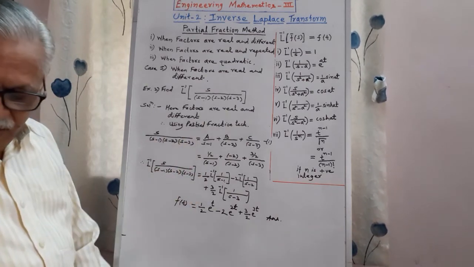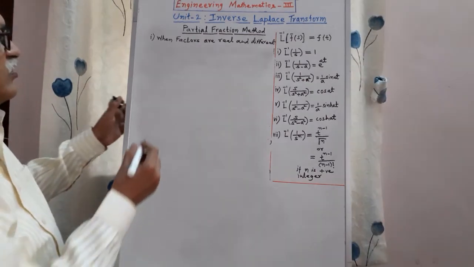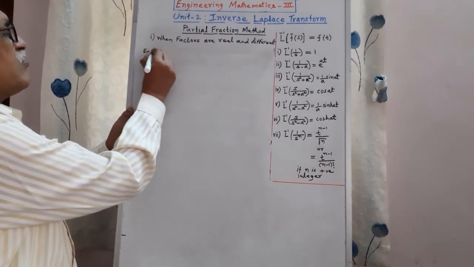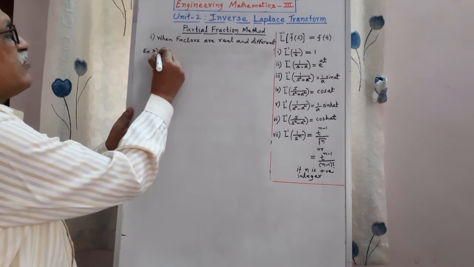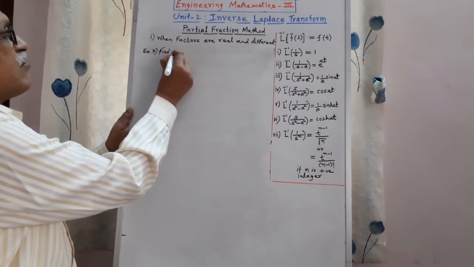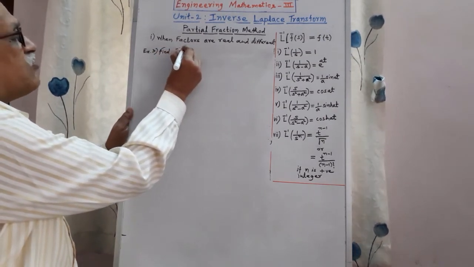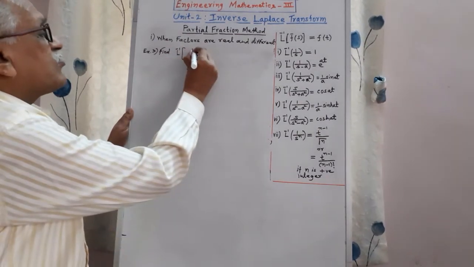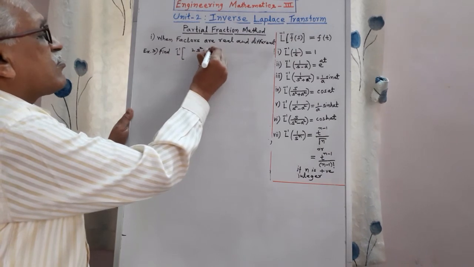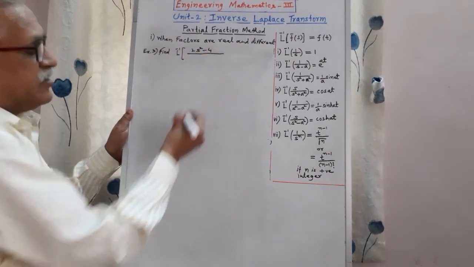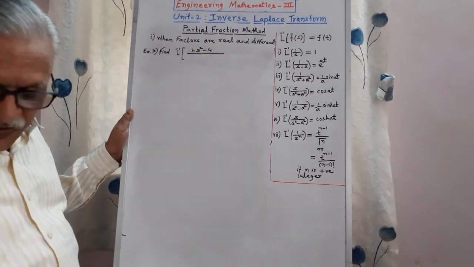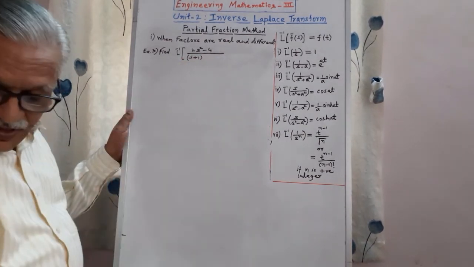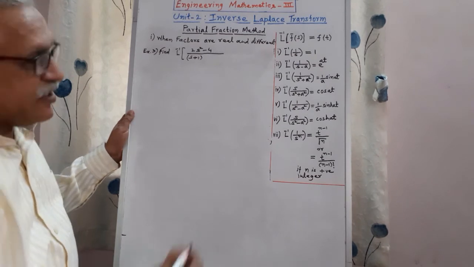We can find like this. Find the inverse Laplace of (2s square minus 4) divided by (s plus 1)(s minus 2)(s minus 3).